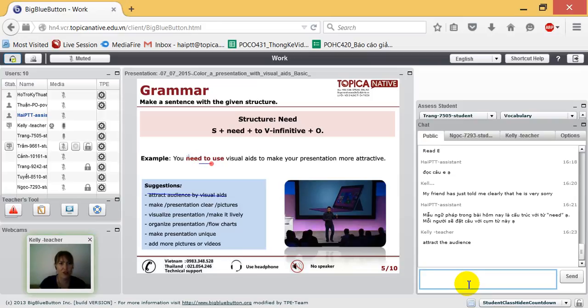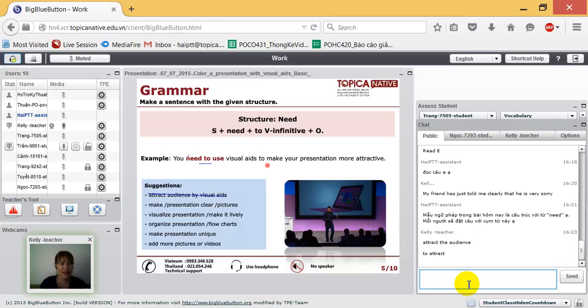Don't forget the word to. All right, one more time for me. Yeah. You need to attract your audience by visual aids. There you go. Perfect. Okay, thank you, Trang. Good job working through that.